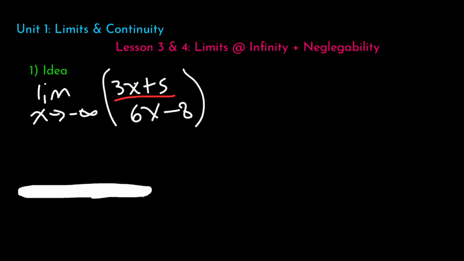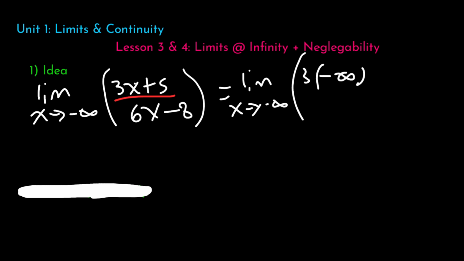You're going to get 3 times negative infinity plus 5 over 6 times negative infinity minus 8.